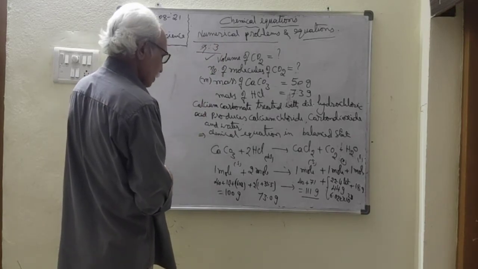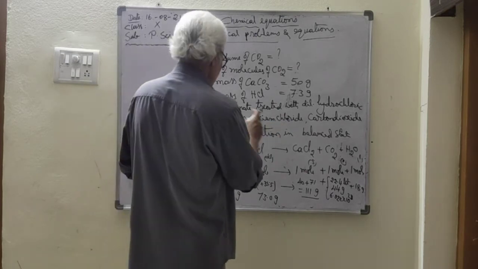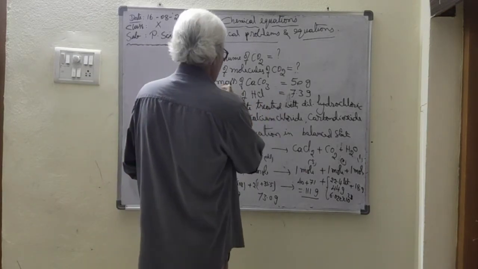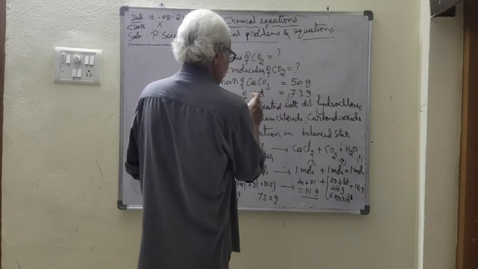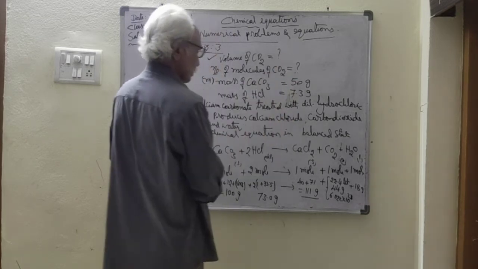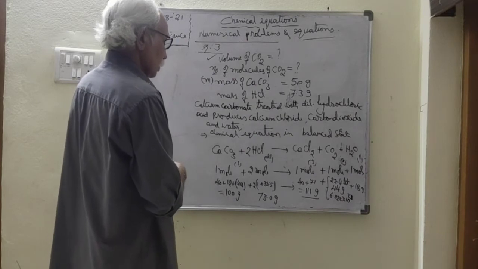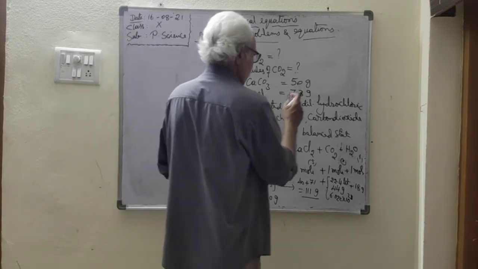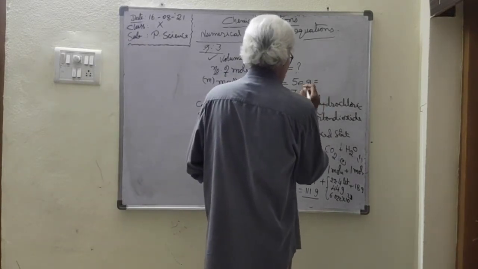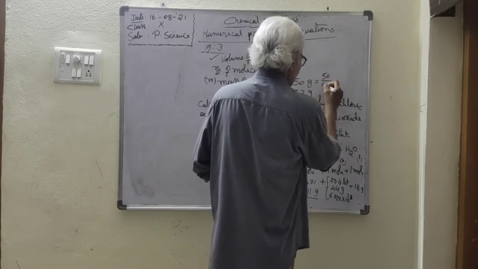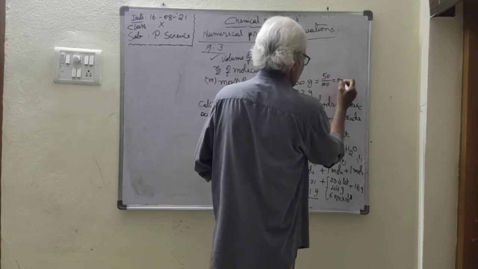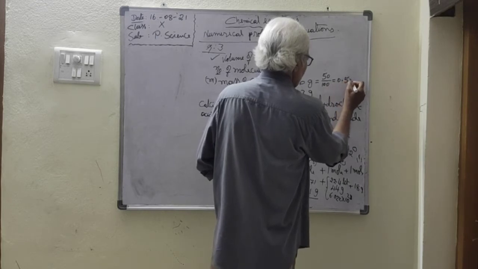Here, how much has reacted in this equation: 50 gram calcium carbonate, HCl is 7.3 gram. So, in this case, 50 gram means how many moles? 50 by 100 is equal to 0.5 moles.